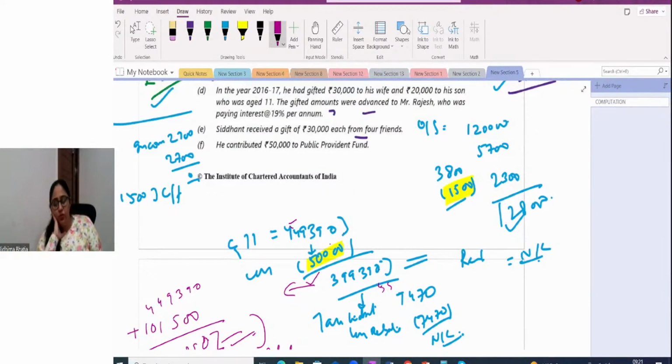Whenever you're preparing for exams and you need more questions, first do all the questions given in your study material, then do questions of current year MTPs applicable to your assessment year, and RTPs applicable to your assessment year.